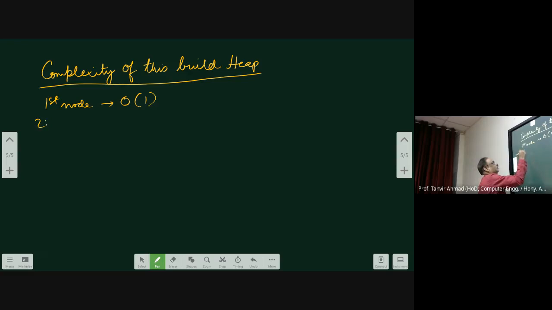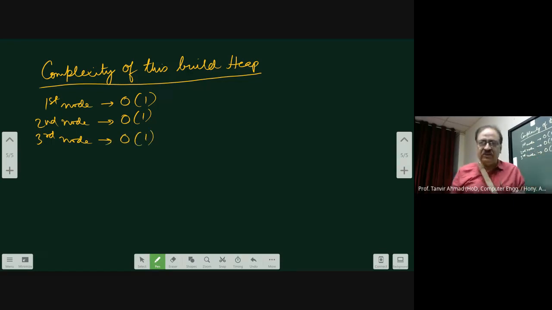For the second node, it again took order of 1. For the third node, it will take order of 1. That is only talking about insertion. Why am I saying this?